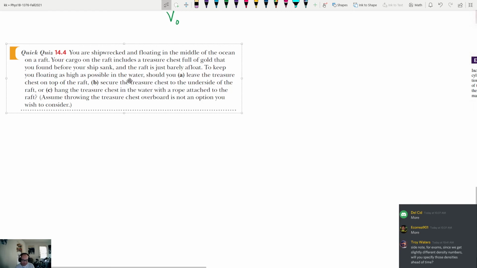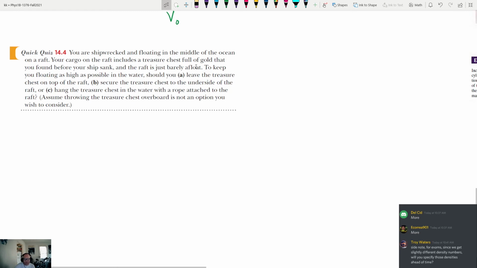All right, so this is the question. Can everyone read this okay? It's pretty big. Hopefully you can. It says, you are shipwrecked and floating in the middle of the ocean on a raft. Your cargo on the raft includes a treasure chest full of gold that you found before your ship sank, and the raft is just barely afloat.